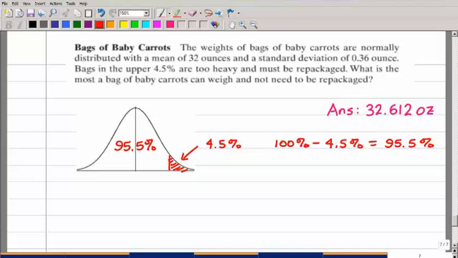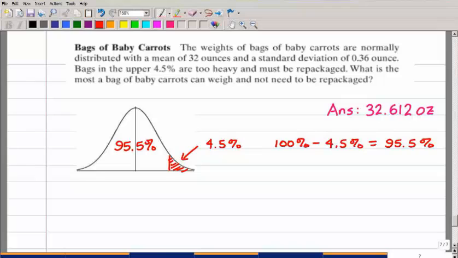So I'm going to go to the chart. I want to find the closest to 955. And, oh, well, they're going to be on two different rows, so I can't put them side by side. But 9545 and 9554. 9554 is actually a little bit closer than 9545, so we're going to go with that one.